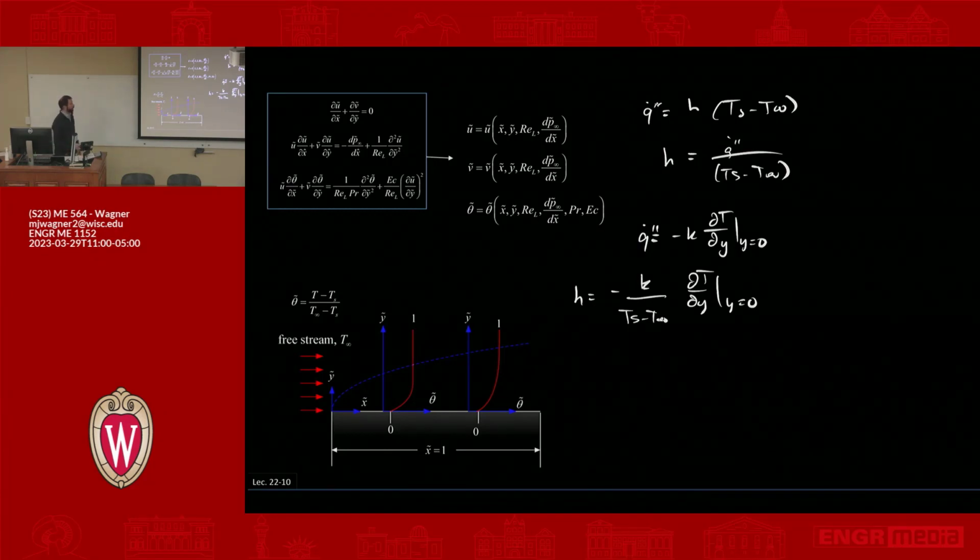Then I can go through and sub in my non-dimensional values for temperature, which is theta, and y, which is y tilde. And I would then get this relationship.